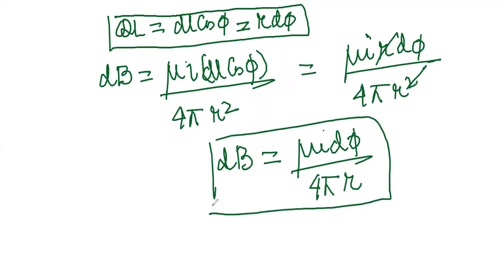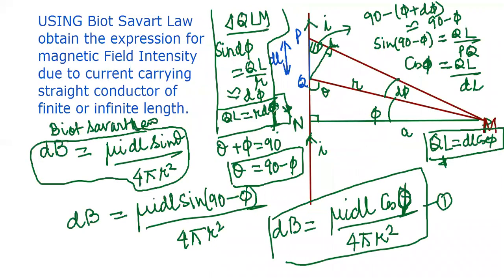Now children, I quickly turn the page and you please see once again the particular diagram over here. Look into the diagram of triangle QNM. In this triangle QNM, what can I write about cos phi?